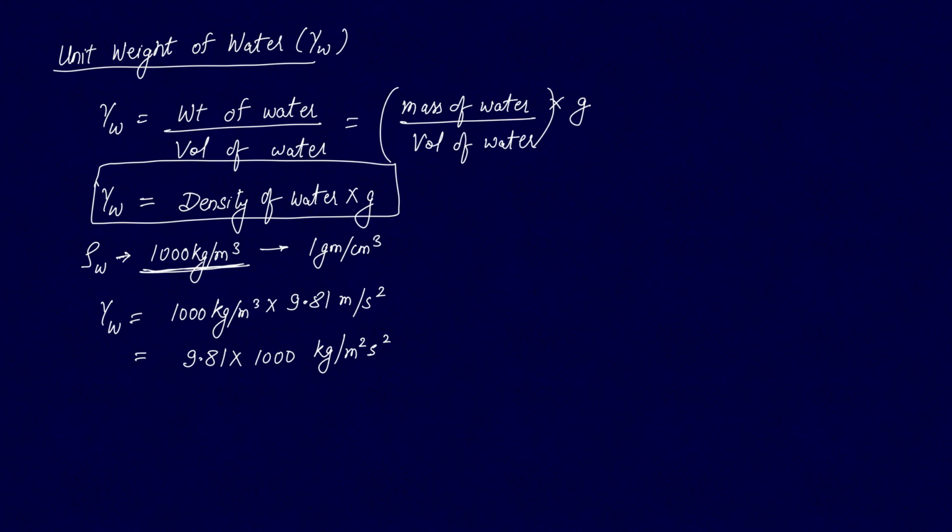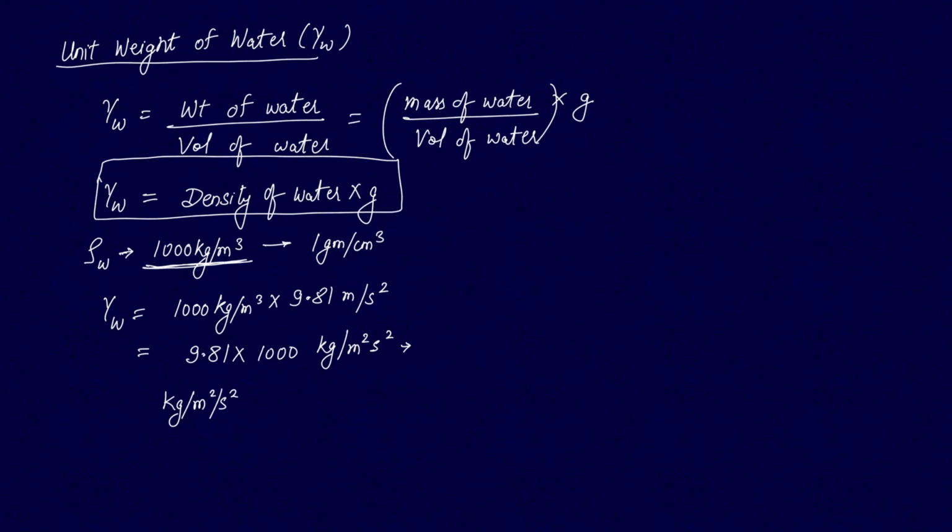And this can be written as kg per meter square per second square, which can be written as kg meter per second square divided by meter cube. Yes or no? And what is kg meter per second square? This is mass into acceleration, so that is nothing but force, and force unit is Newton, divided by meter cube.